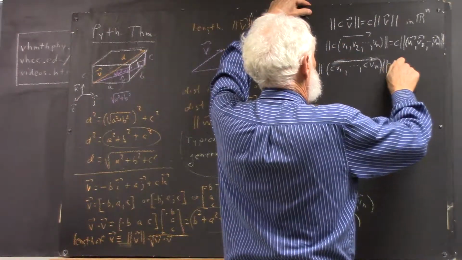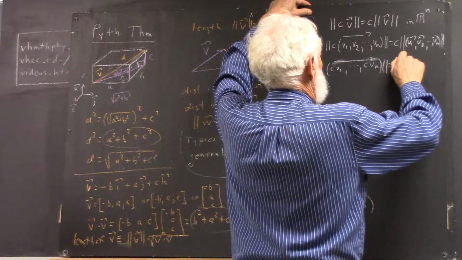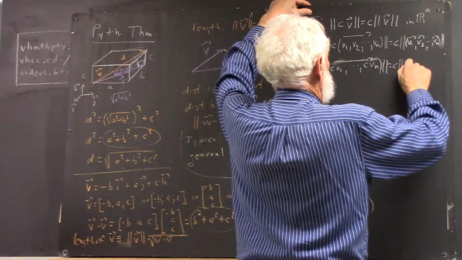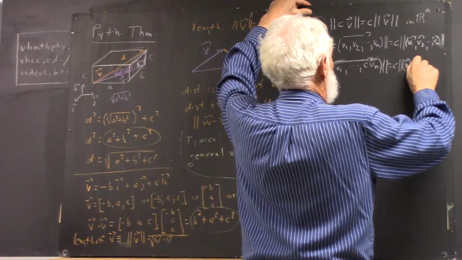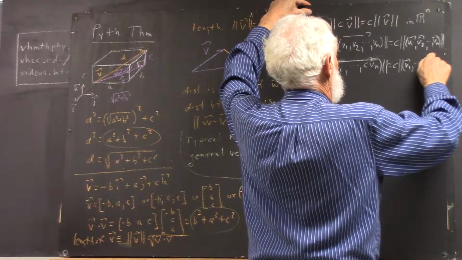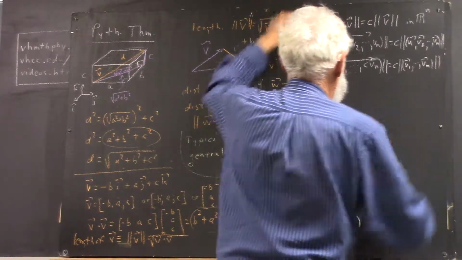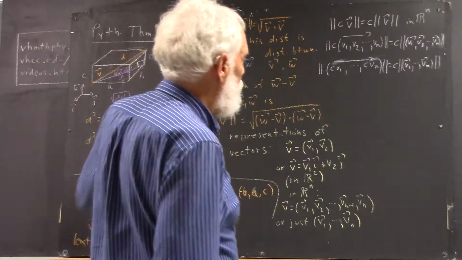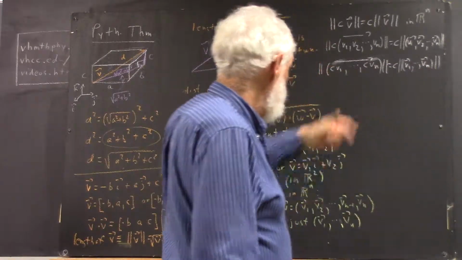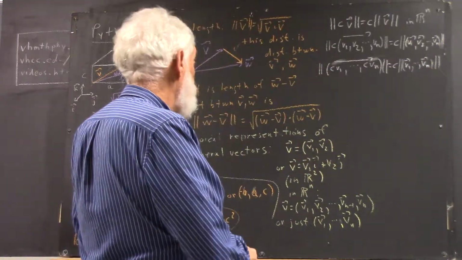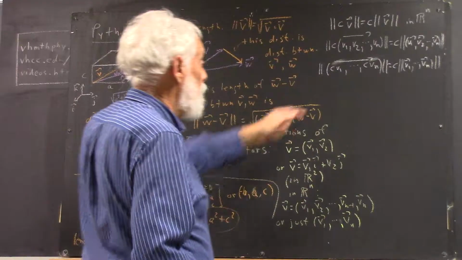Over here we have c times the magnitude of V1 up through Vn, and I haven't changed that yet. Now I'm not going to have room to write everything in one line, but we'll be able to do this. So what is this?